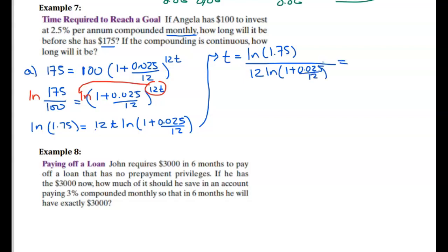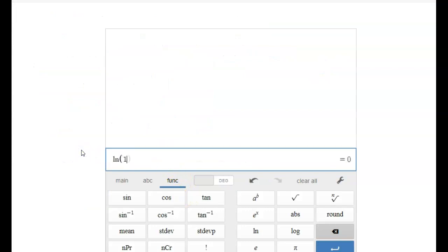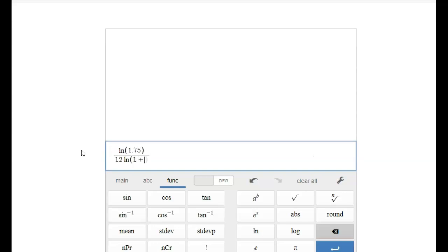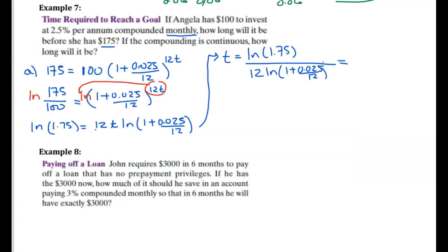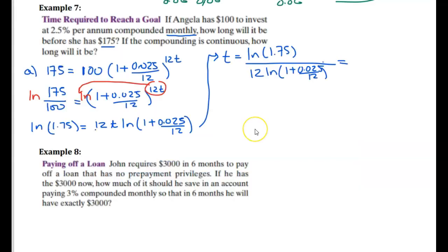And plug it into the calculator. 1.75 divided by 12 log of 1 plus 0.025 divided by 12. 22.41. So 22.4 years.